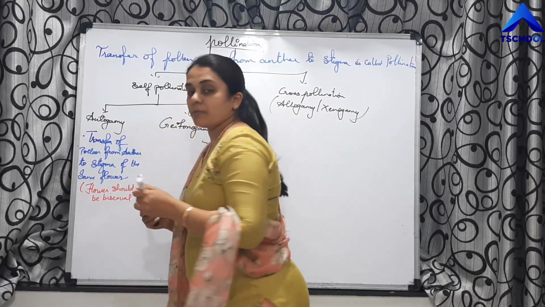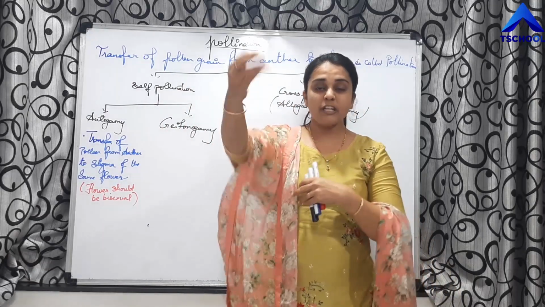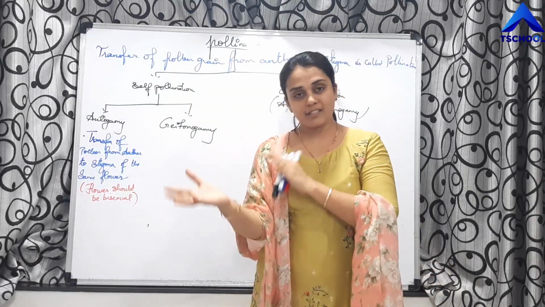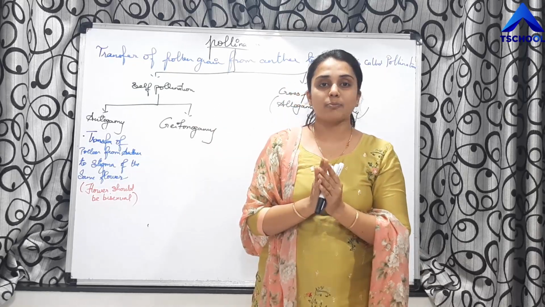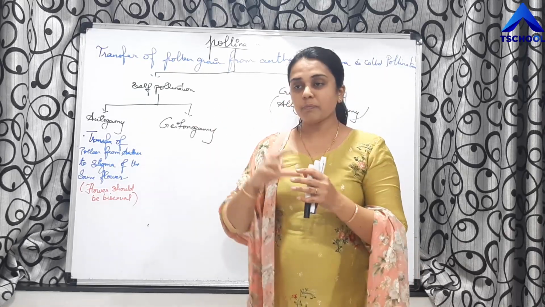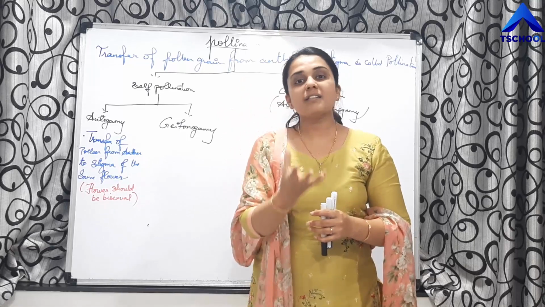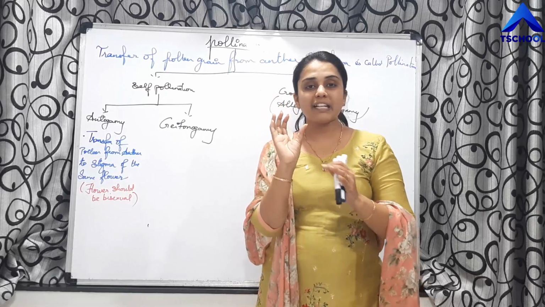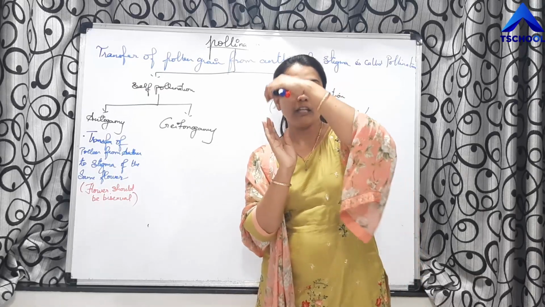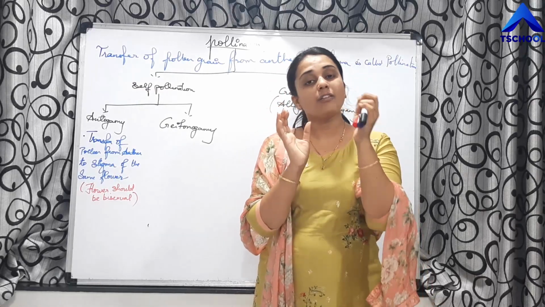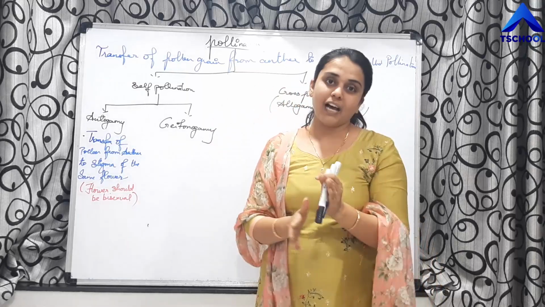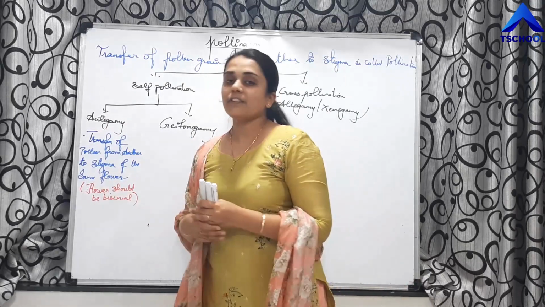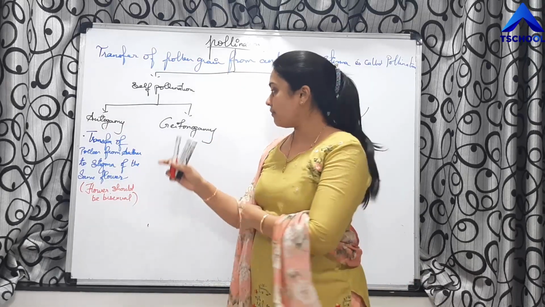Then only it is possible. If a flower is bisexual, a single flower possesses the male reproductive part, that is androecium, and the female reproductive part, that is gynoecium. So it possesses anther, and it possesses the stigma, style and ovary, the pistil part, right? If the pollen grains released from the anther come and rest on the stigma of the same flower, that is called autogamy. And for that, the flower should be a bisexual flower, right?